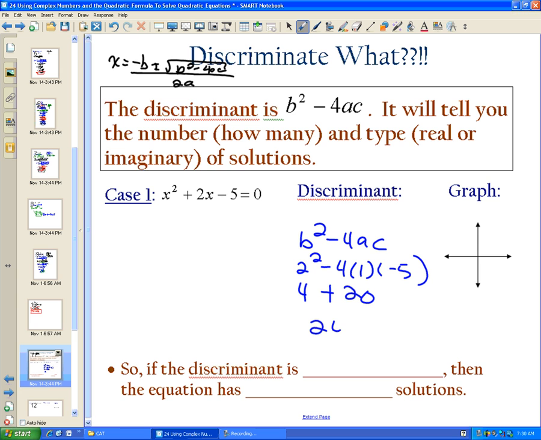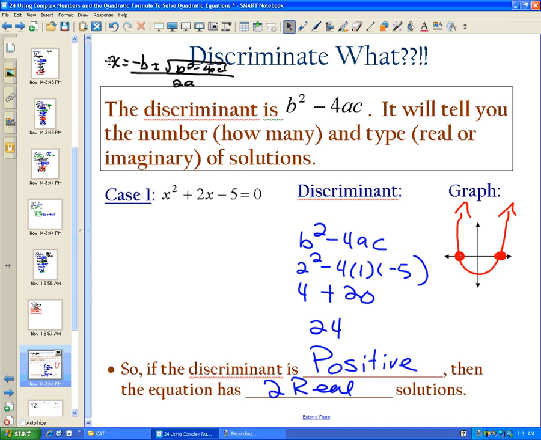So this is 24, a positive discriminant. If the discriminant is positive, then the equation has two real solutions. If I look at the graph of this, it crosses the x-axis and gives me two real solutions, or zeros, or roots.